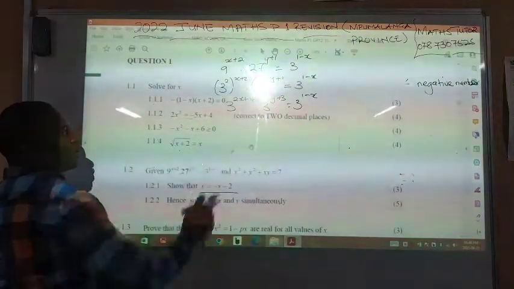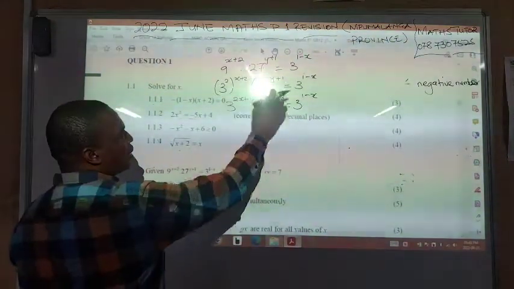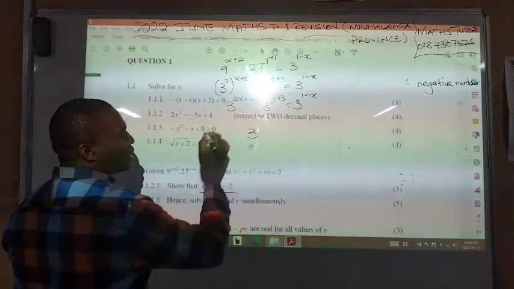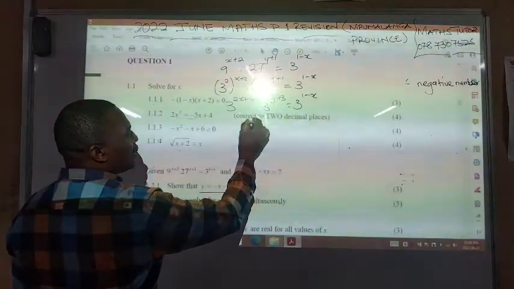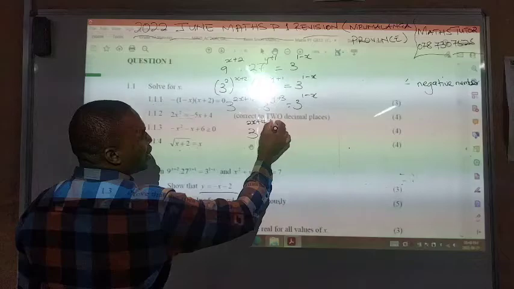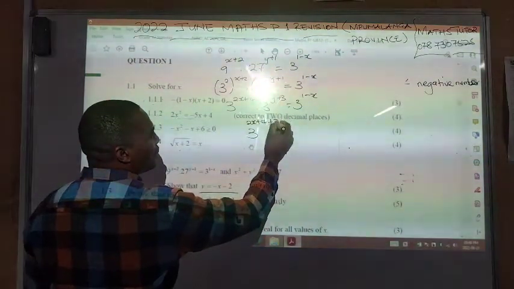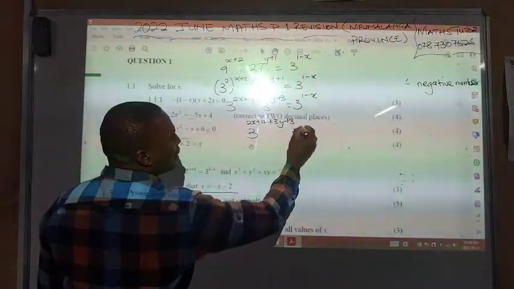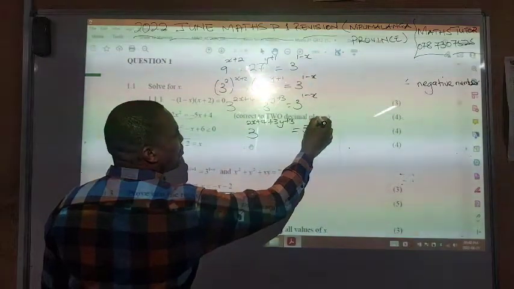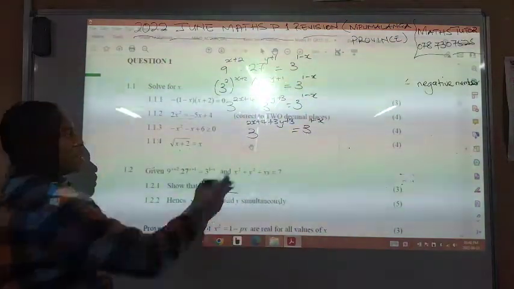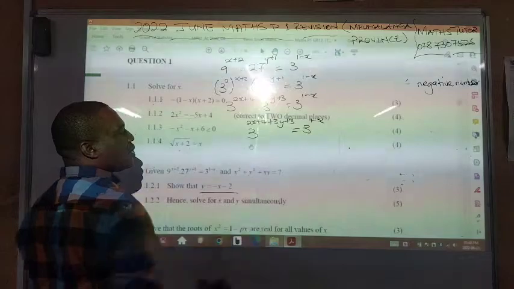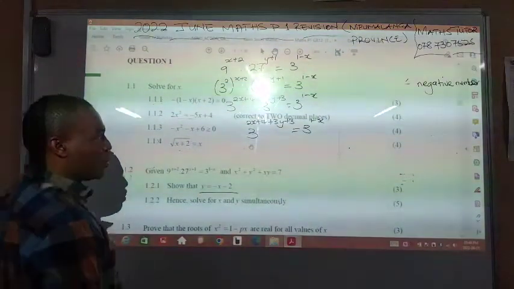Now, this is multiplication. That means that we add the exponents. So we maintain the base and then we add the exponents. Since it's addition, you may not put in brackets, is equal to 3 to the power 1 minus x. The bases are the same, that means the exponents should also be the same.